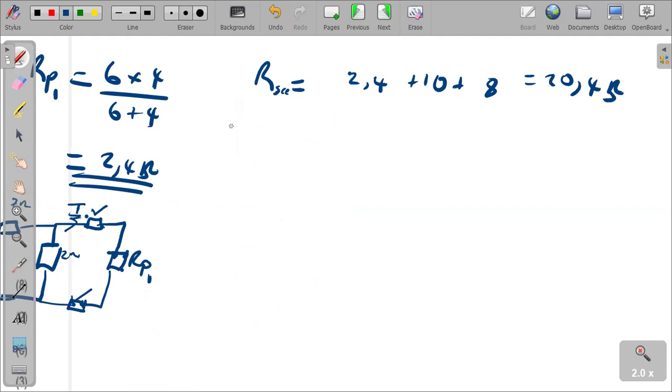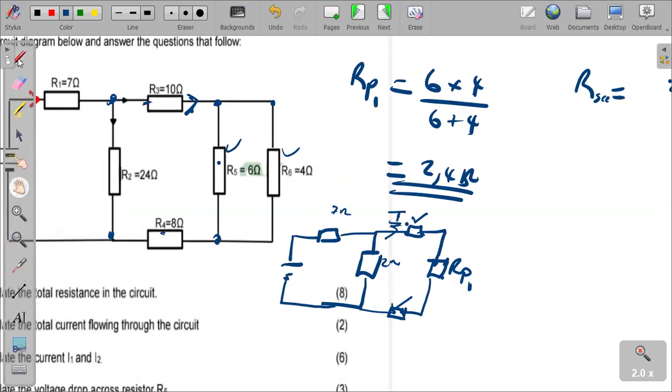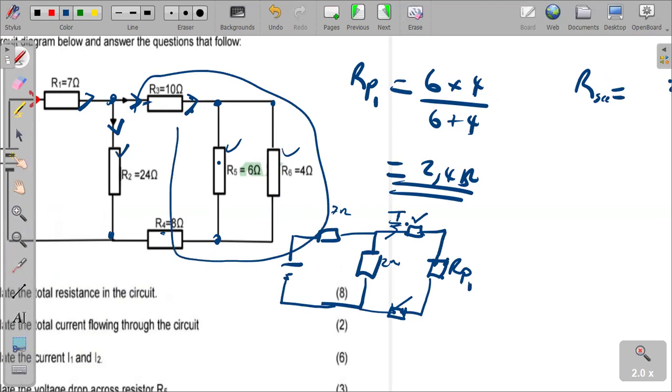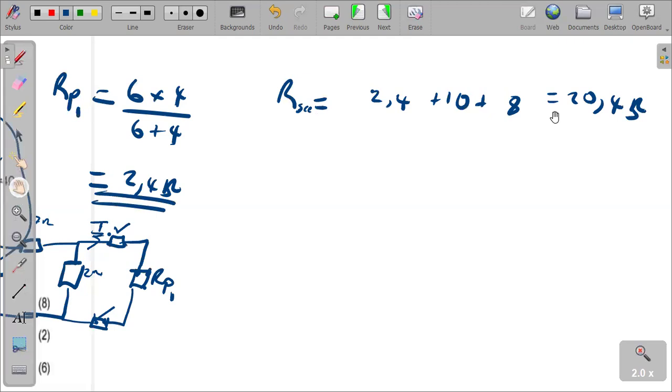Now that we have R series, how is it connected to the 24 ohm resistor? Remember, we said current was divided at this point, some current going in this direction, some in this direction, which means the 24 ohm is in parallel with all these other resistors. What is their equivalent resistance? It is the one we've just calculated, 20.4 ohms.